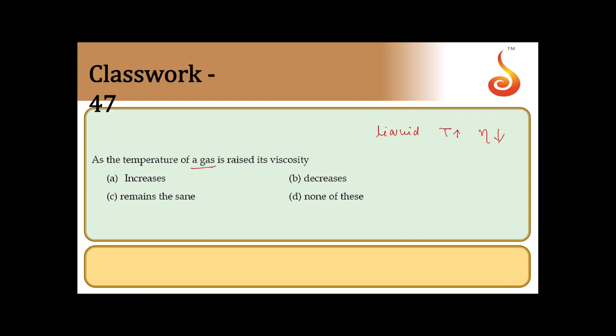But if it is a gas, then viscosity increases with increase in temperature, because collision rate increases. So number of collisions increases. Due to this, the viscosity of a gas increases with increase in temperature. So that is option A.